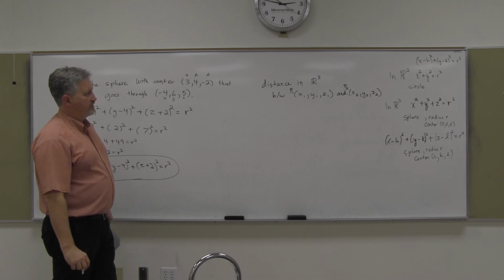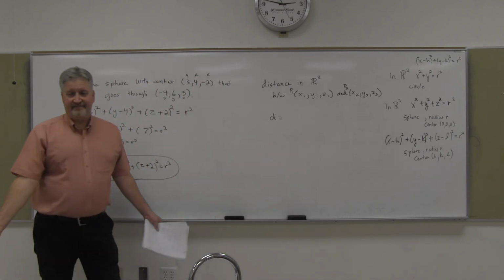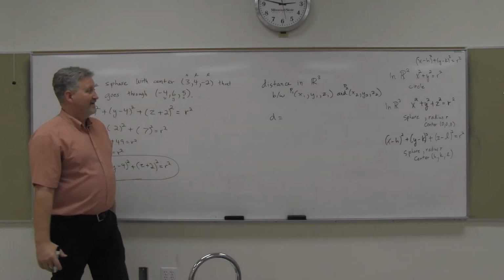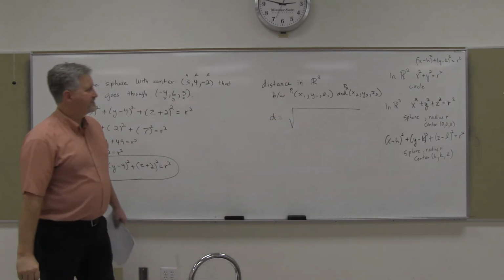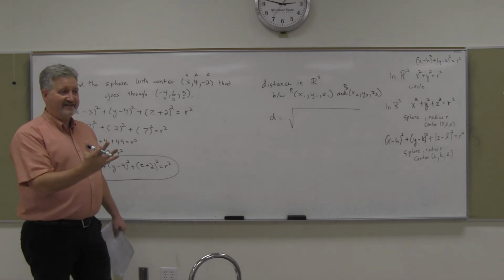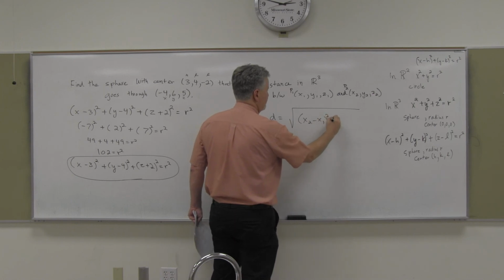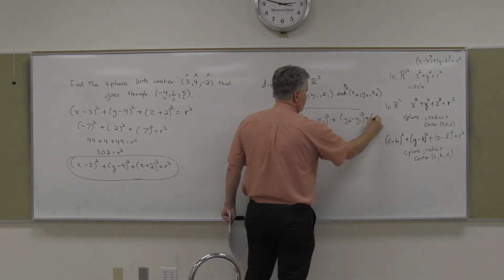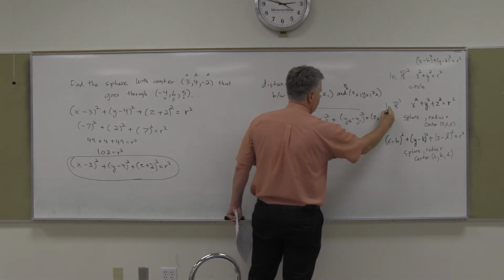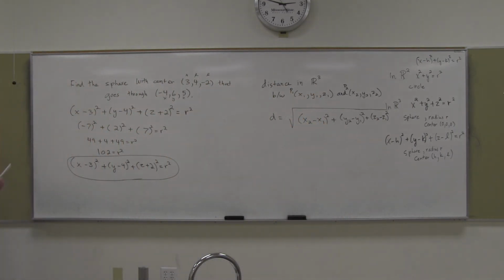So the distance between P1 and P2 is, good news is it's very similar to that distance in 2 dimensions. Just take the difference of the x's and square that, difference of the y's and square that, and difference of the z's and square that. So again, just extend out the formula just a little bit.